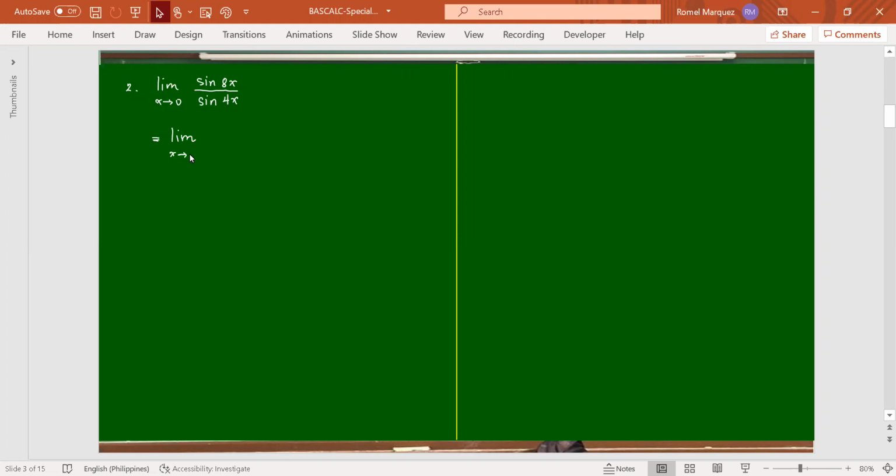Yes, po. Oh, so what are you going to do so that we can apply the limit of sine bx over bx as x approaches 0, or sine x over x as x approaches 0?